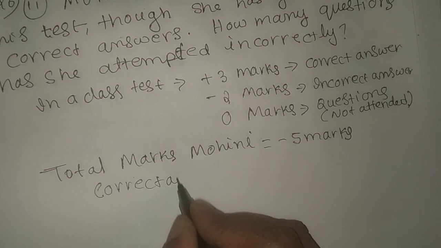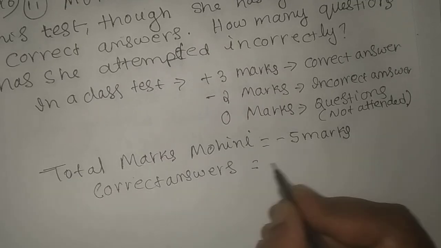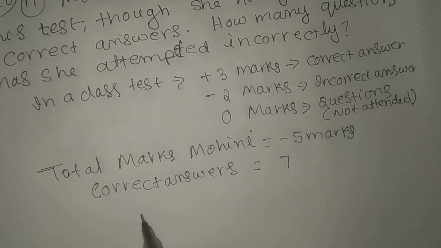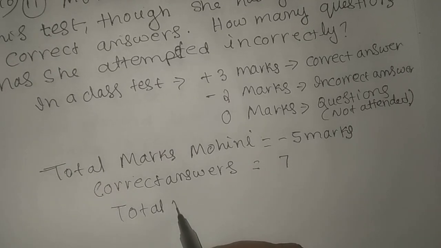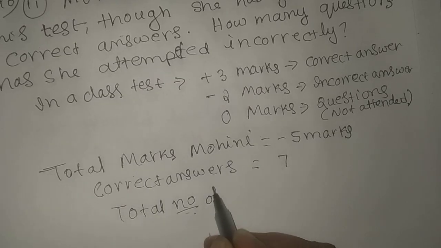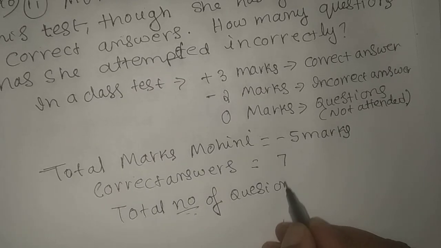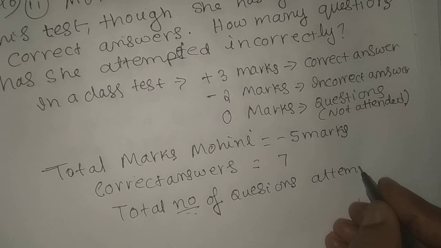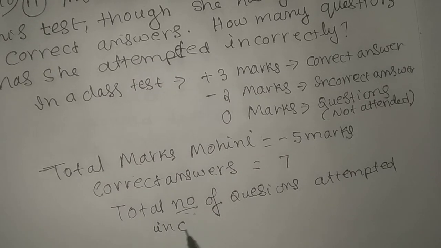Correct answers is equal to 7. How many questions she attempted incorrectly? We have to know total number of questions attempted incorrectly by Mohini.